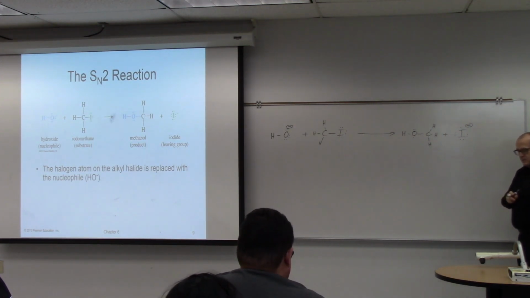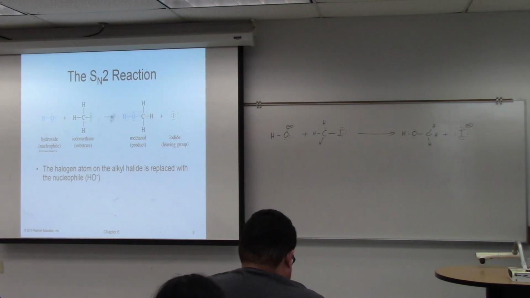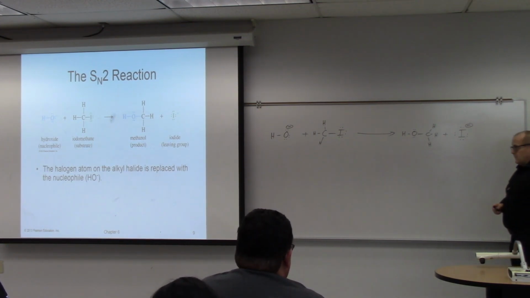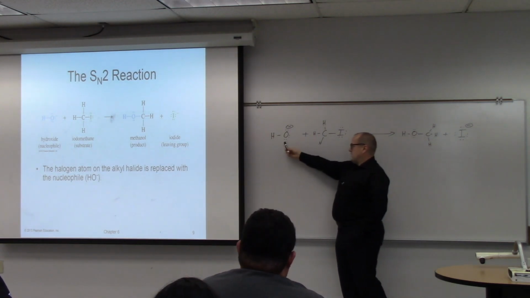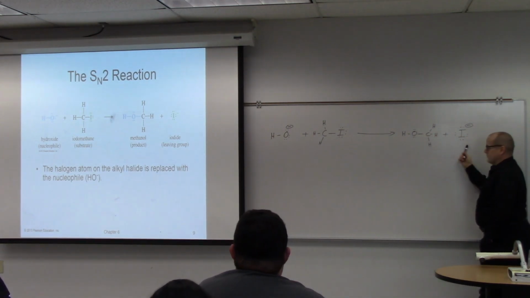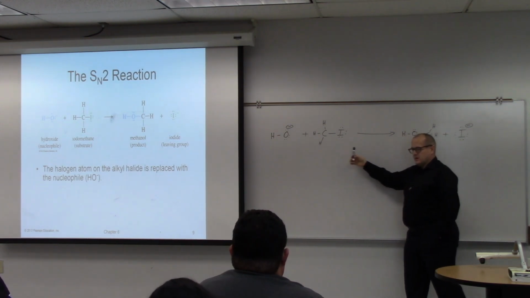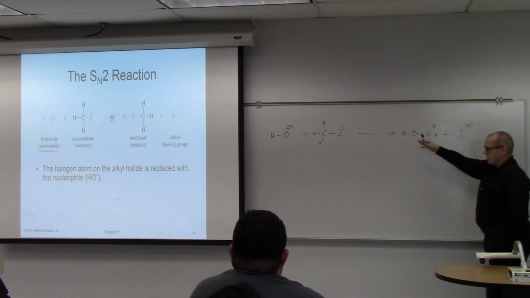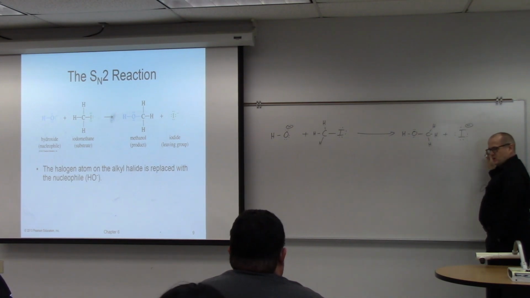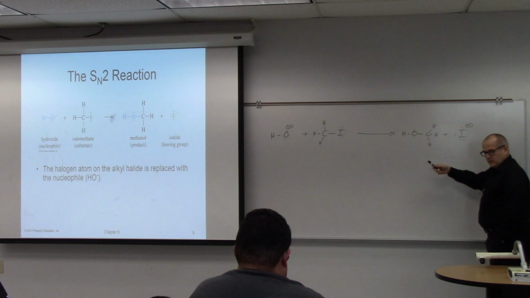Okay. One quick thing before I move on. I've written hydroxide and I've written iodide. They're both negative, right? You see how the charges didn't change from one side to the other? The left side of the arrow is negative, the right side of the arrow is negative, right? That's good. You keep the charges consistent, okay?